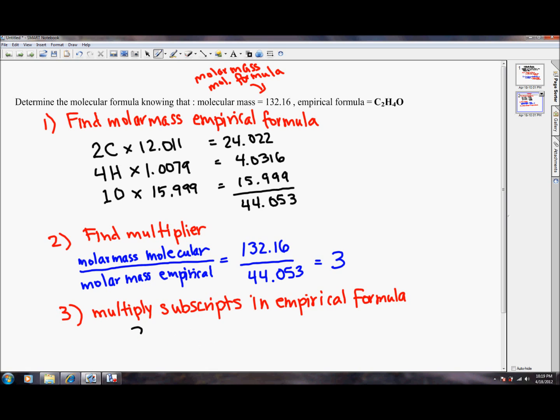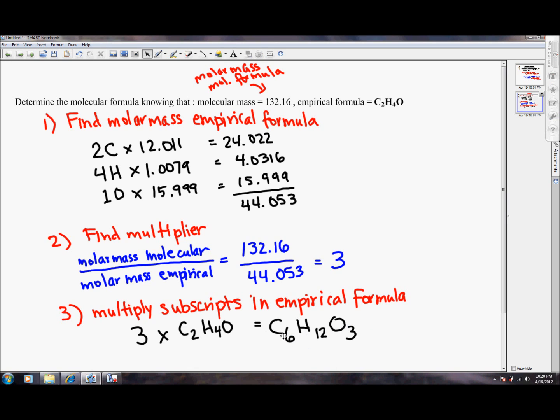So we're going to take 3 times C2H4O. I'm going to multiply every subscript in the formula by 3. So this will become C6H12O3. And this right here is my final answer. This is the molecular formula.